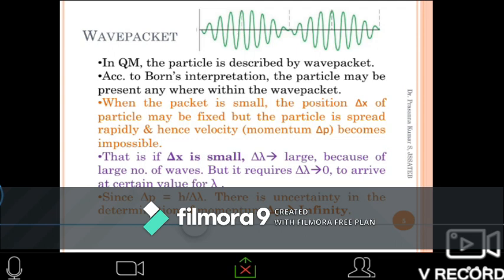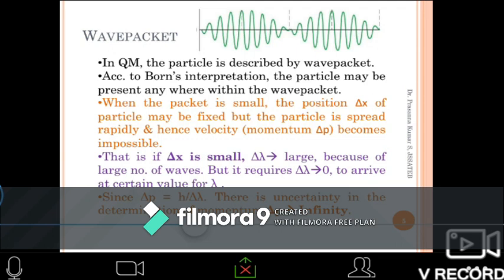So at the center you get the particle. You are more confined, moving towards the center of the packet. There is a higher probability of finding the particle at the center of the wave packet.